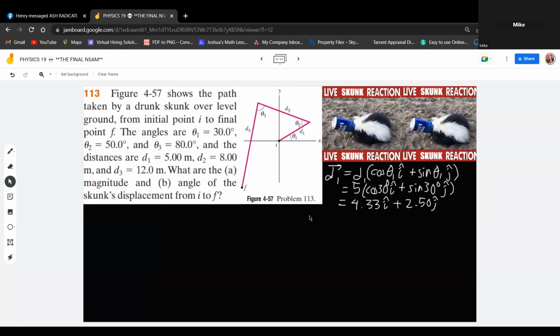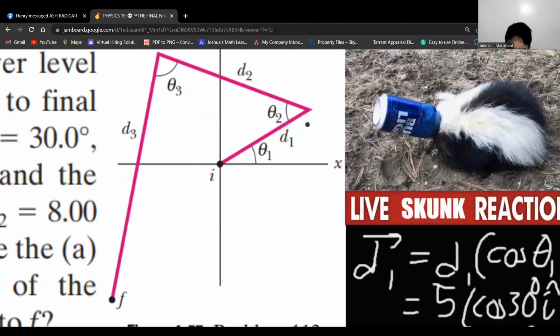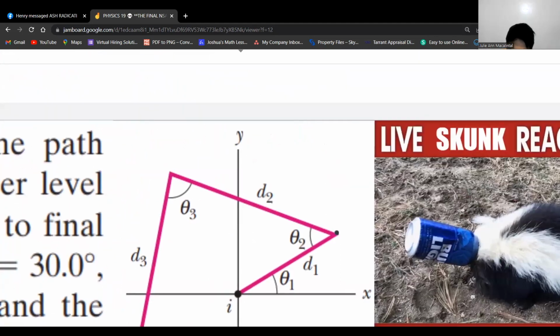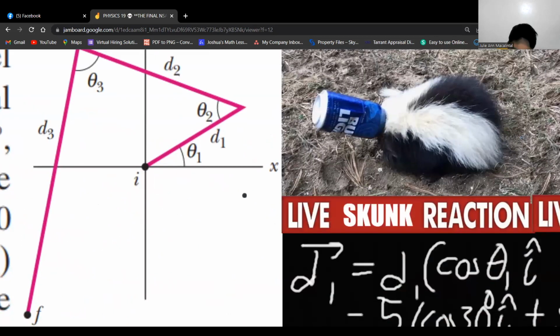So you have to compute those. I will just make a bunch of triangles.